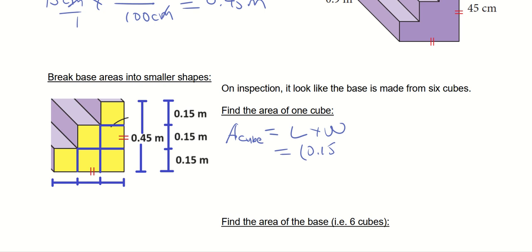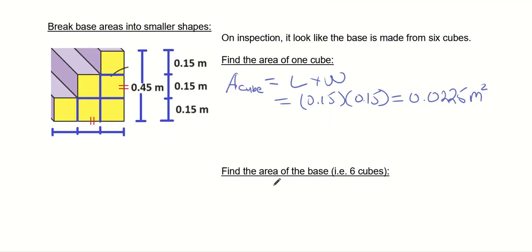And I can square it, but I'm just going to do it like this. That will equal approximately 0.0225, and that's going to be meters squared. Again, it's squared because you're working with area. So that part is done.